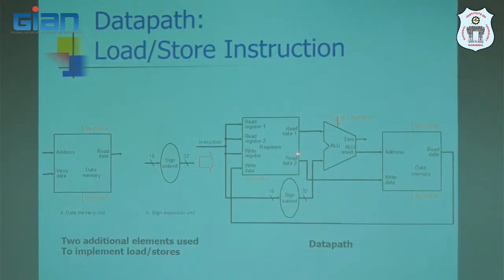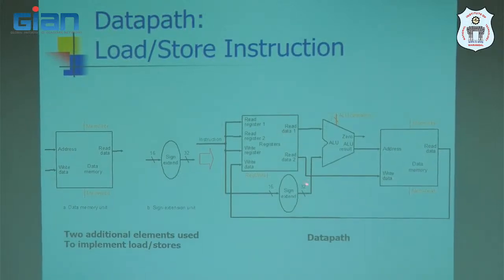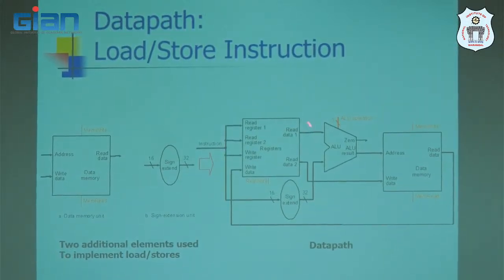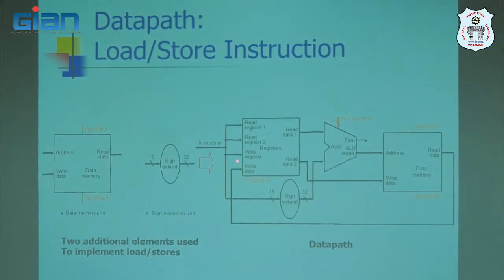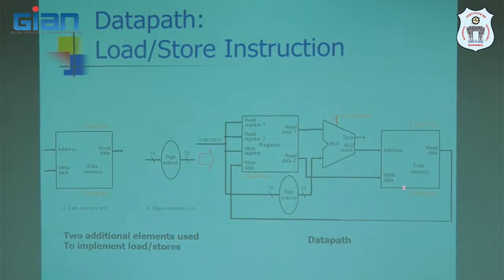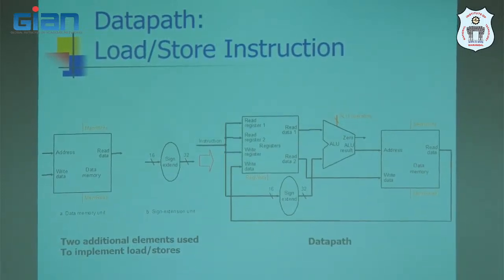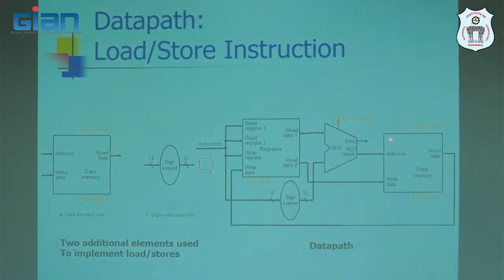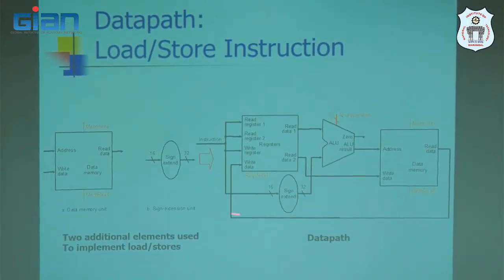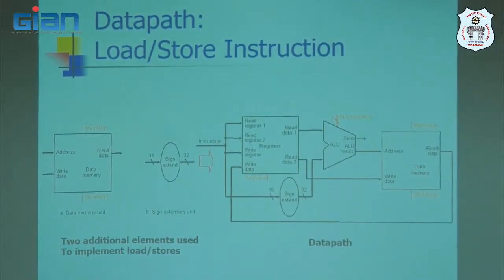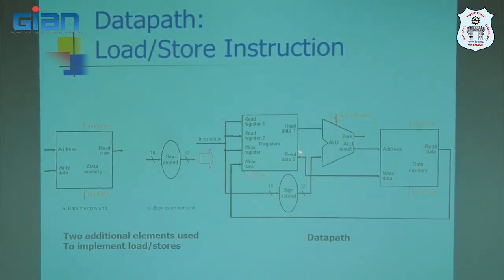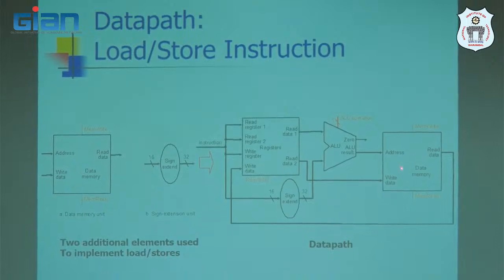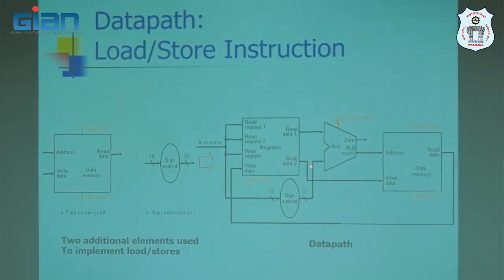In this data path there are two operations: one is reading data from the memory and writing into a register, or writing data to memory. The load instruction is reading data from memory and writing to the register. That's the load instruction. The store instruction is a register value being written into memory. That is the store instruction.